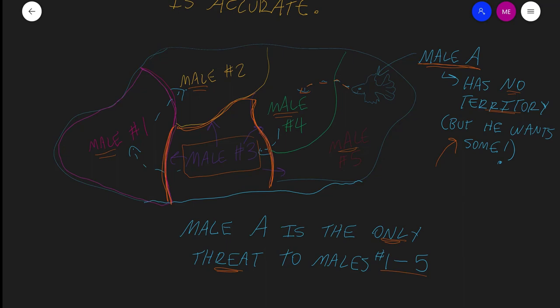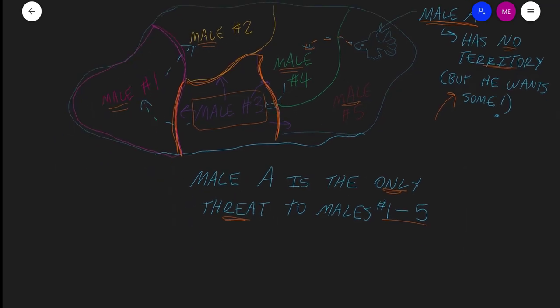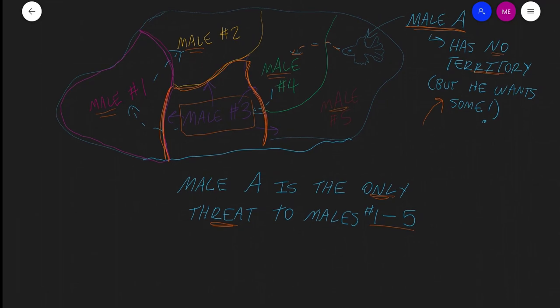So, what sort of behaviors would you expect to see based on this dear enemy effect? Well, if you present, say, male 1 with male 3, what would you expect their interaction to be like?